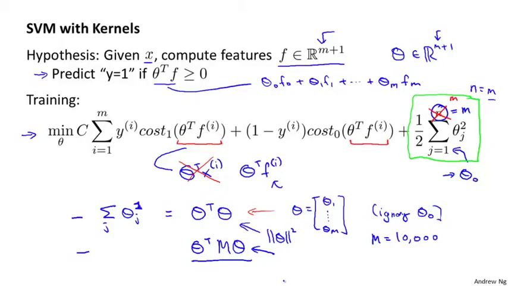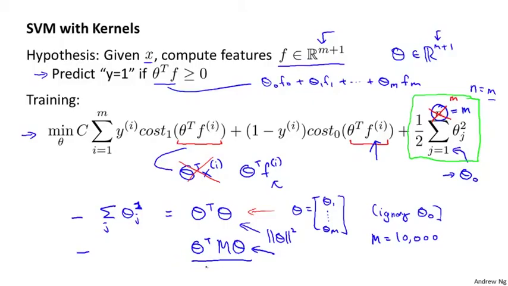And by the way, in case you're wondering why we don't apply the kernels idea to other algorithms as well, like logistic regression, it turns out that you actually can apply the kernels idea and define these sorts of features using landmarks and so on for logistic regression. But the computational tricks that apply for support vector machines don't generalize well to other algorithms like logistic regression. And so using kernels with logistic regression is going to be very slow.